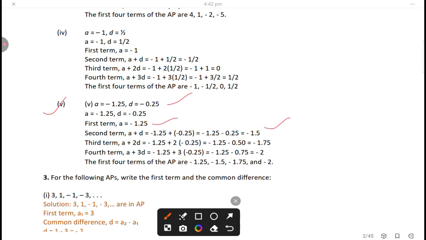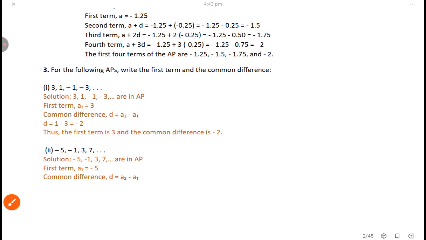Second term is A plus D. Third term A plus 2D. And fourth term A plus 3D. So we will get the four terms of the series. Okay?